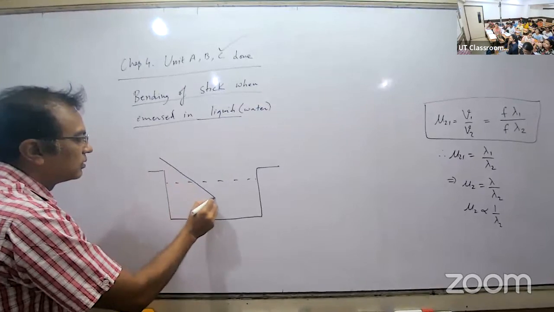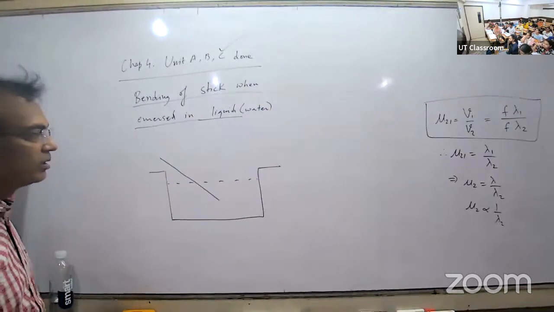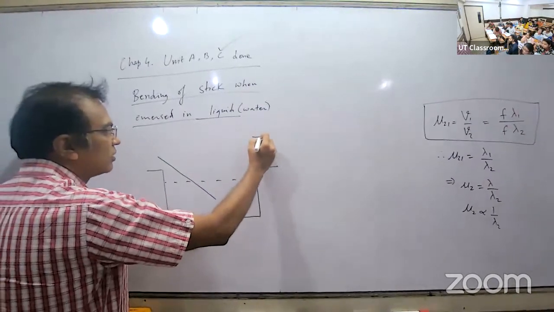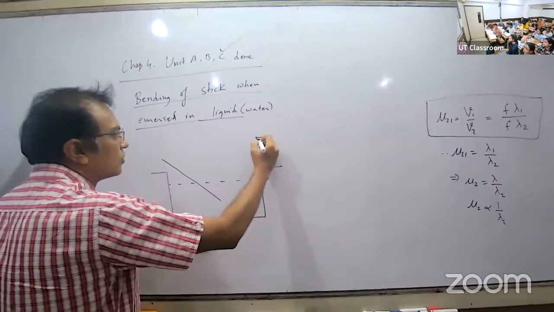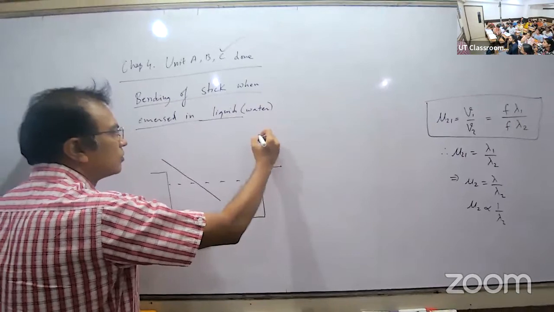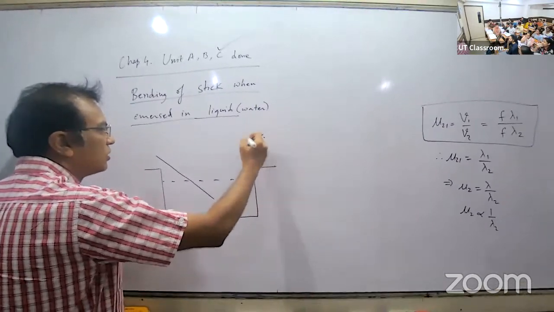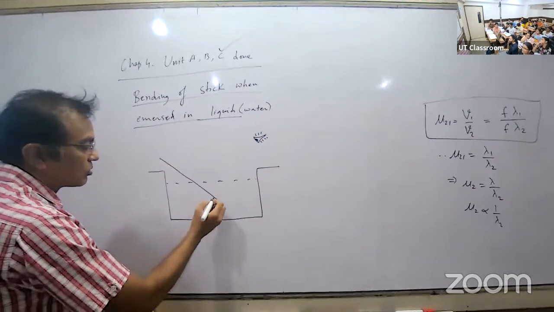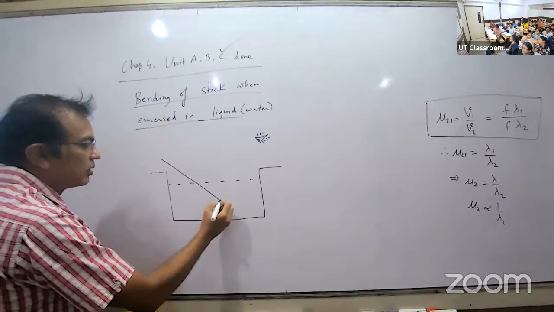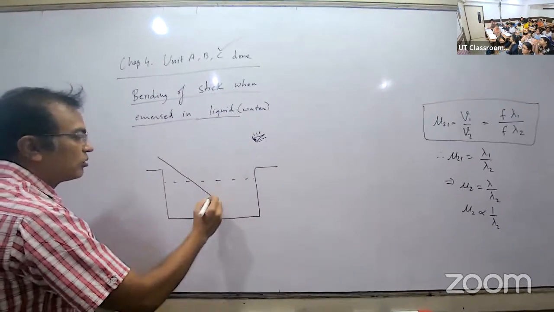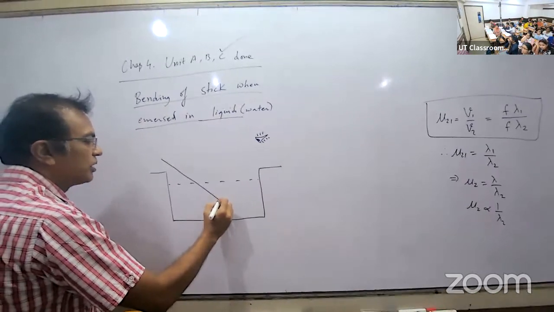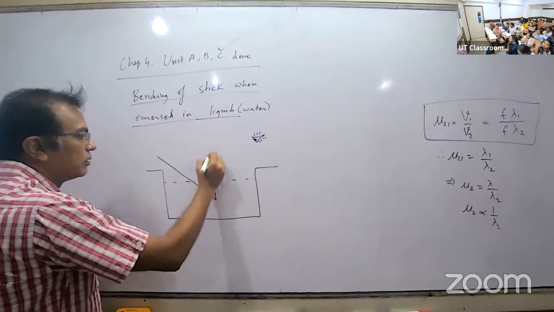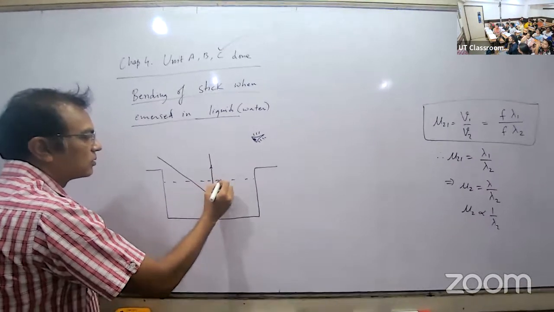You have an observer here, an observer watching from here. So this point, to this observer, he will feel... So if one ray goes straight, it will go like this.